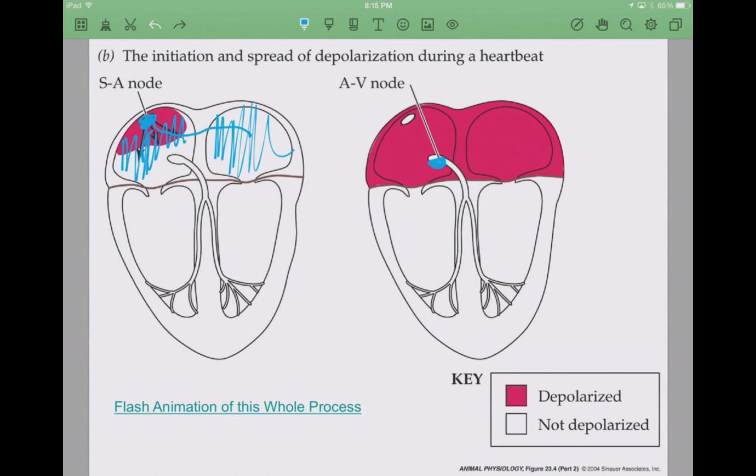Okay, so I just sort of scribbled it in. And then the AV node, kind of an amplifier with a little bit of a delay, picks up the signal, sends a signal down the bundle of His, right here, to the Purkinje fibers, right here, and then we get ventricular systole, or contraction.